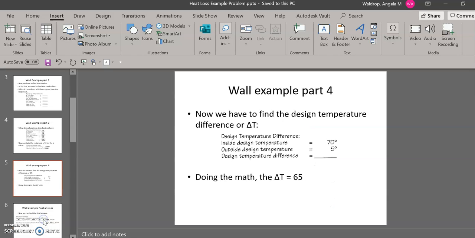Okay, moving on, the next step is we have to find the design temperature difference. This is the same thing as delta T. So these are the values that the sheet gave us. So we're going to take the 70 minus the 5, and the delta T is going to be 65 degrees.